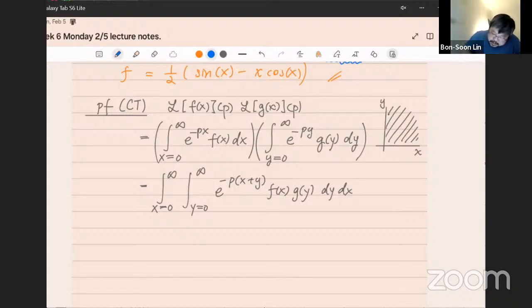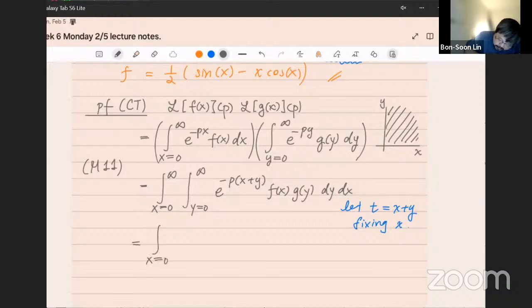So to break the symmetry, I'm going to let x plus y equal a new variable. Let's call it t. And I'm going to do that in the inner integral. So that means x is fixed. Again, I'm just going to write a math warning sign. Let's see what happens.